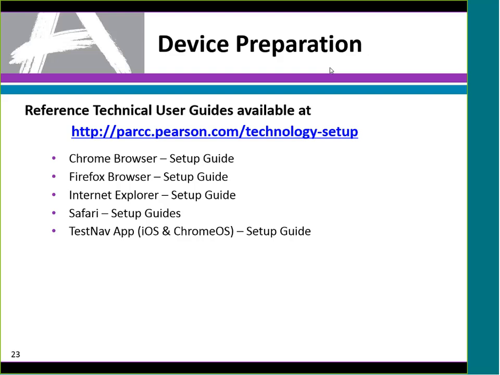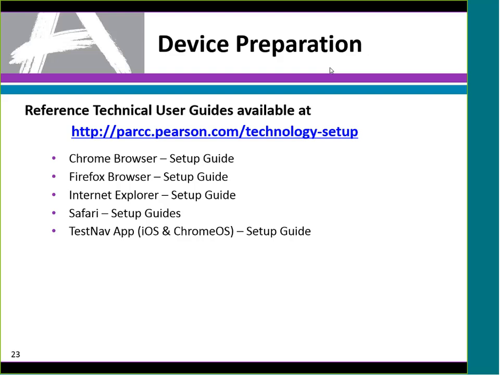For you guys in DC, I think it's dc.testnap.com, that you wouldn't have access during the infrastructure trial. So these setup guides provide a way of making sure that devices are completely ready for the students prior to them logging in on testing day.